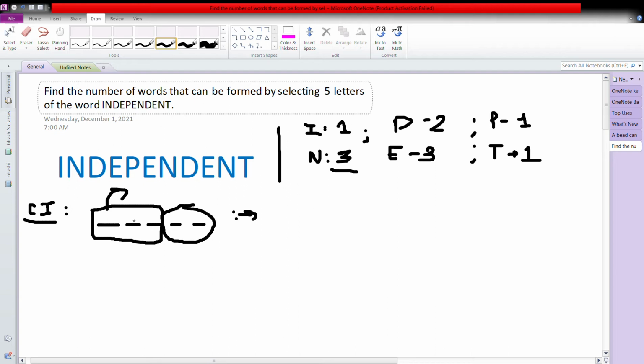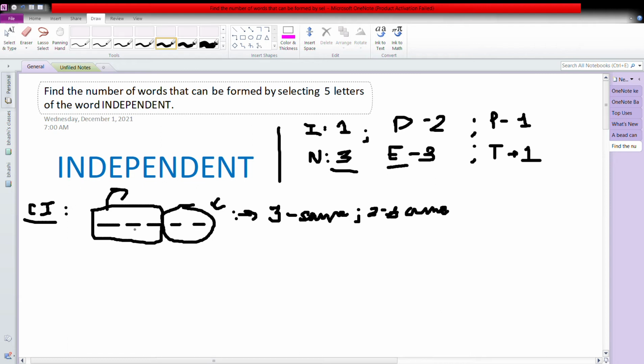And our D is repeating twice, so D might go here. Or if N is placed in this place, the remaining E's might be placed here. So there are many cases, and let's say our first case is that 3 are the same and the remaining 2 are also the same, or you can say they are alike.